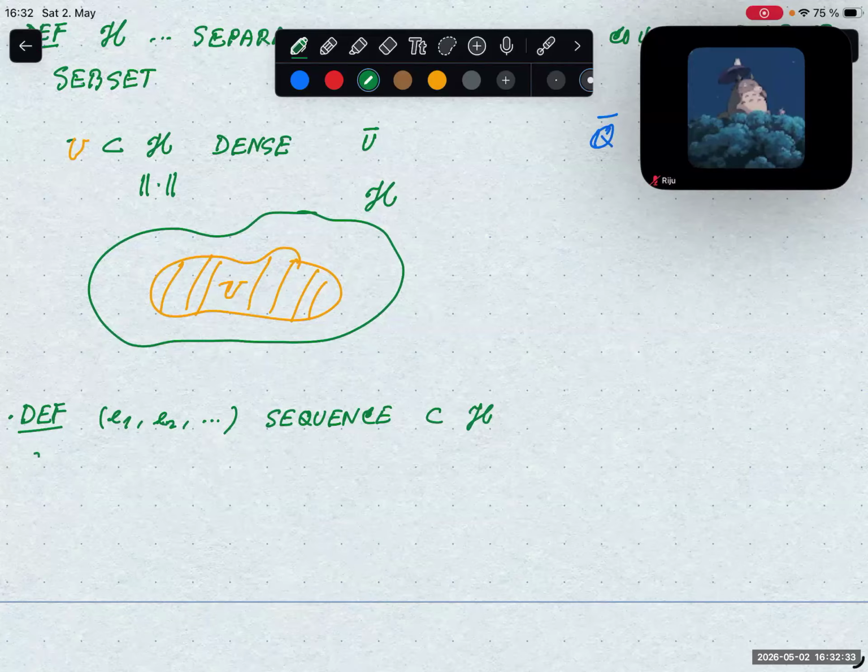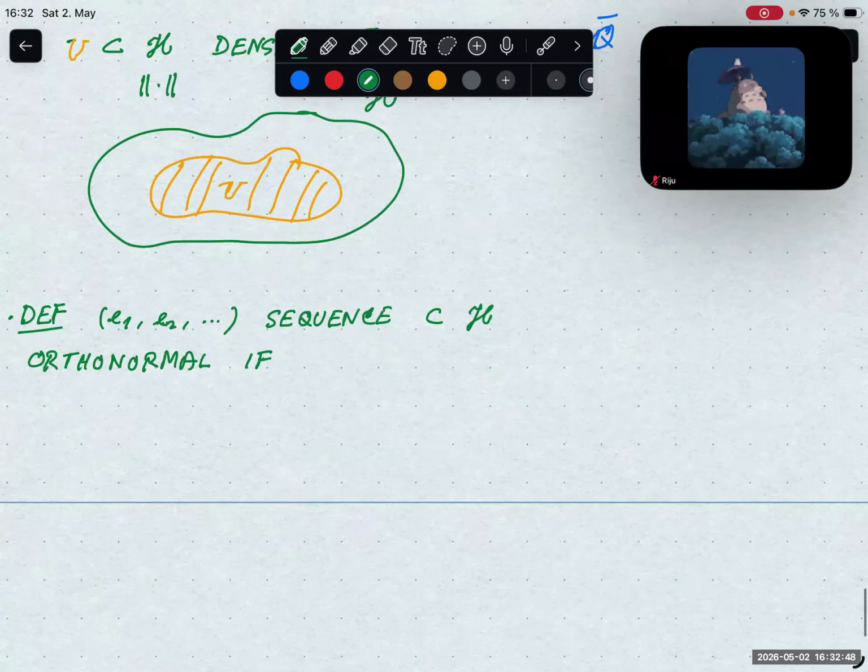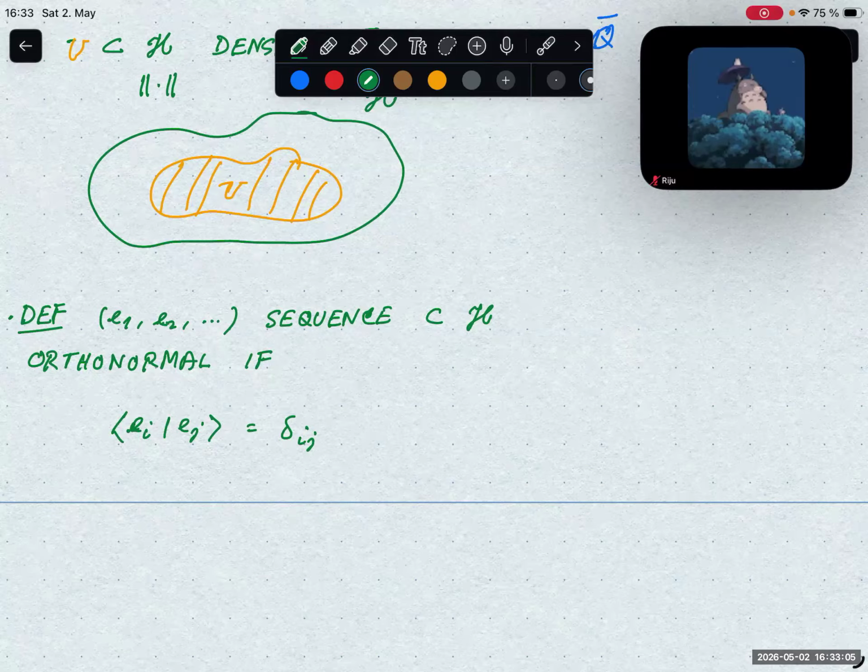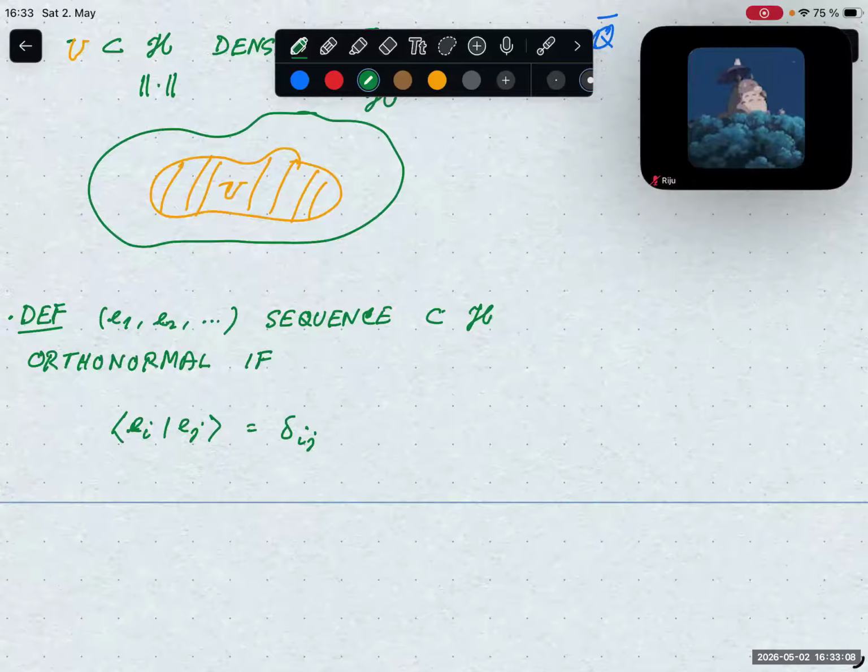This is called orthonormal if, as you may guess, and that's how I'm motivated, think about an orthonormal basis in R^n: the inner product of e_i and e_j equals delta_ij. Yes, that's precisely the relation we have in R^n, but this is an infinite-dimensional generalization.